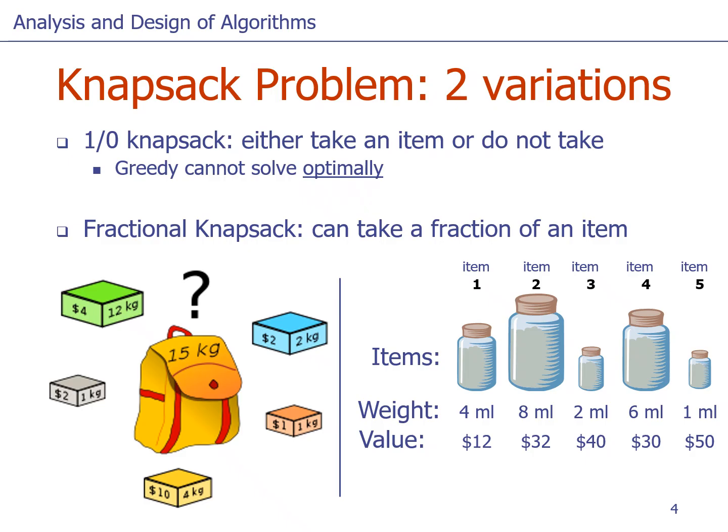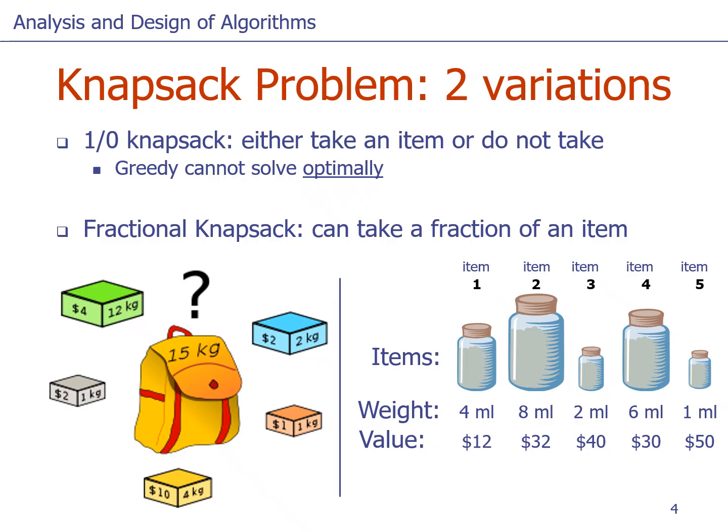But there is another variation of the knapsack which greedy can solve optimally, which is the fractional knapsack. Now, in the fractional knapsack version of the problem, you can take a fraction of an item. Okay, you can take part of an item. Where can you see an example of this? If you look at the figure at the bottom right, you see the same problem but in a different incarnation.